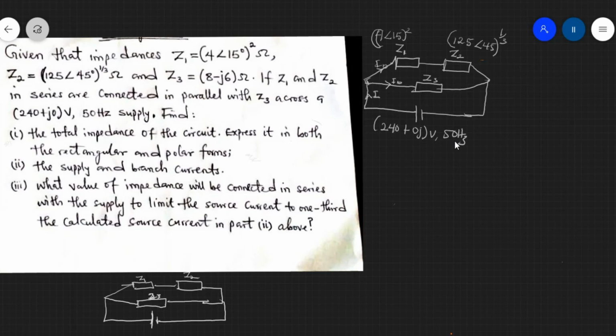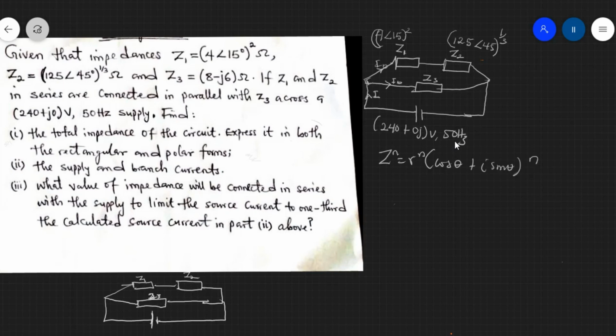What does it say? De Moivre says that, for example, z raised to n is equal to r raised to n, times cos theta plus i sine theta, raised to n, in terms of math notation.